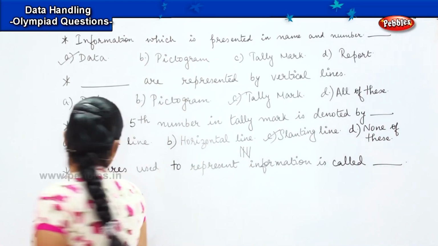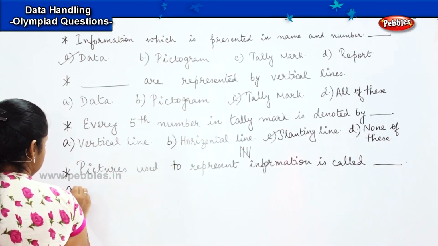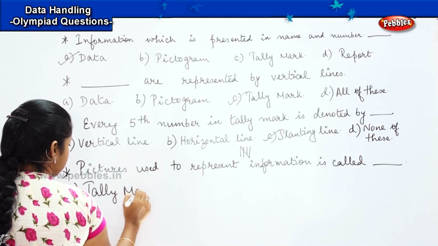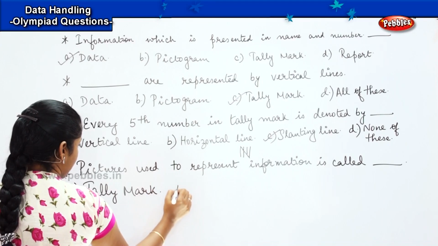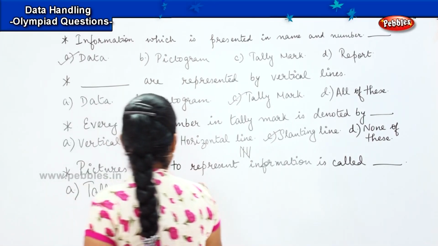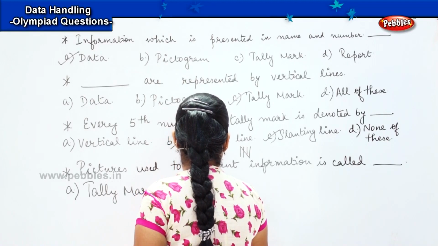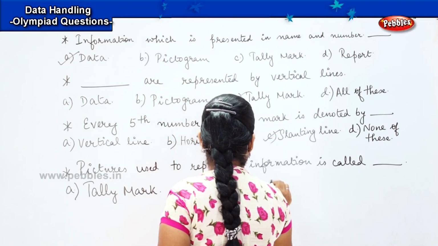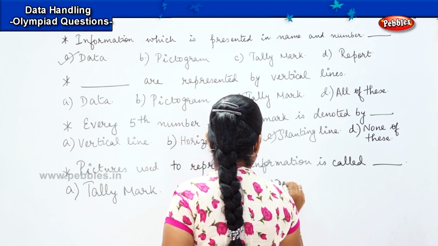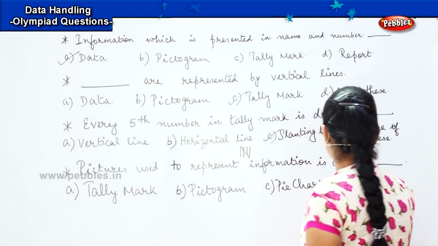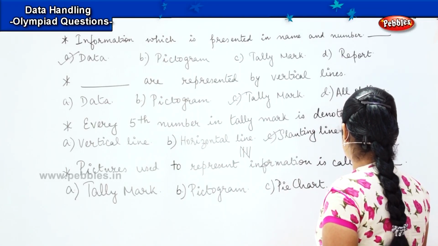Pictures used to represent information are called, your option A is tally mark, option B is pictogram, option C is pie chart, and option D is data handling.